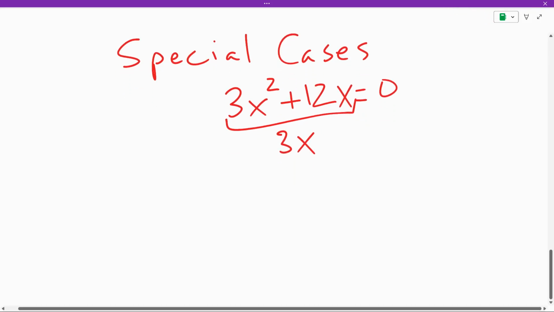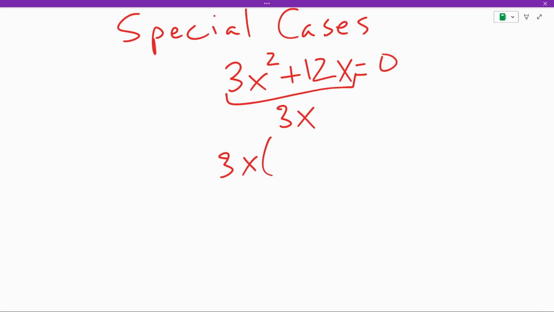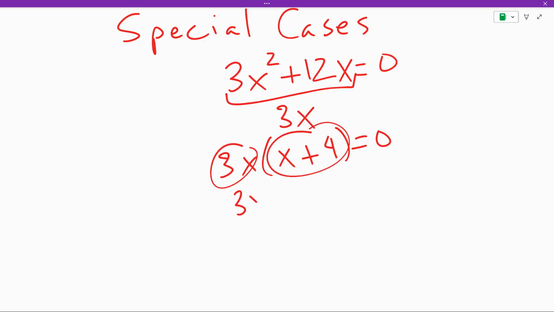Once you do that, you divide 3x squared plus 12x by 3x, you get 3x times x plus 4 equal to 0, since 3x squared divided by 3x is x, and 12x divided by 3x is 4. So you can set both of these expressions equal to 0 and solve for x. 3x equals 0, x is 0; x plus 4 equals 0, x is -4.